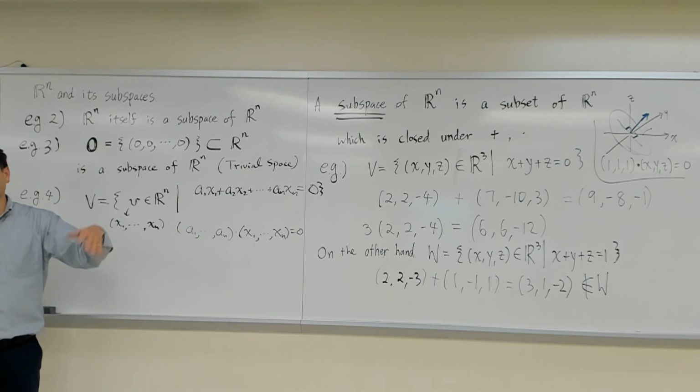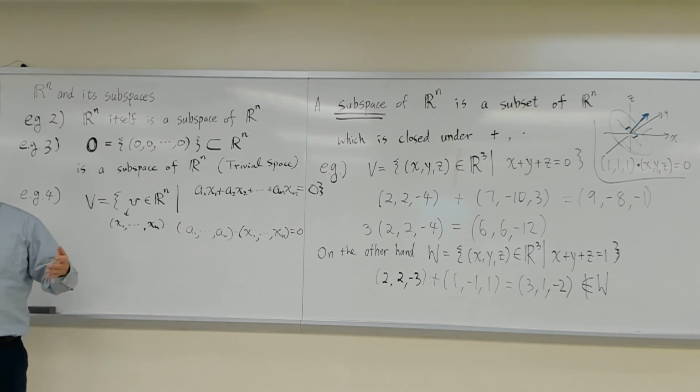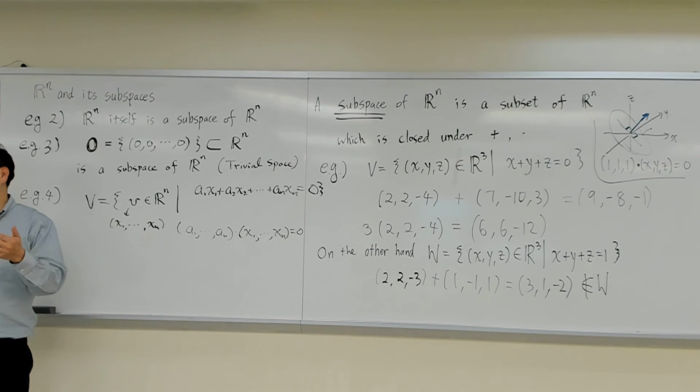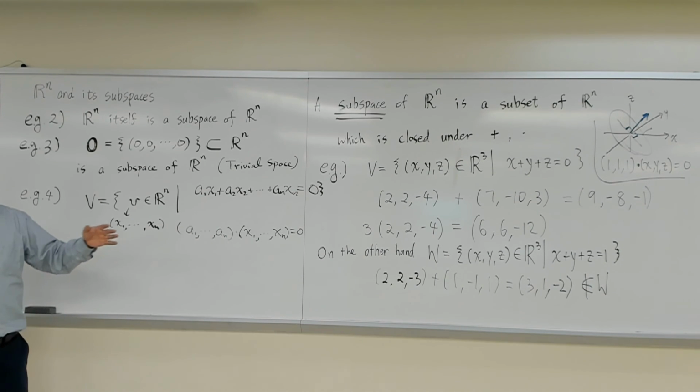So it's what's known as a linear space. Another way of talking about subspaces is to call them linear subspaces. Okay.